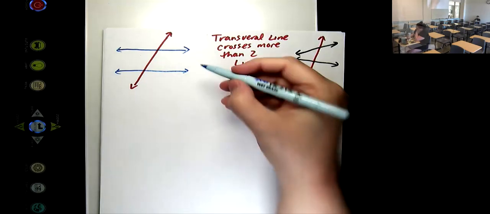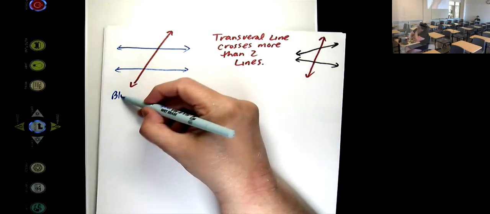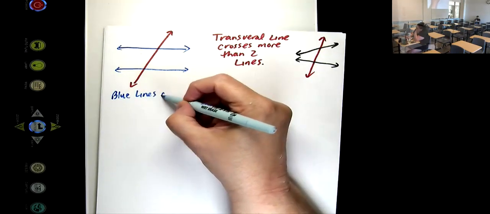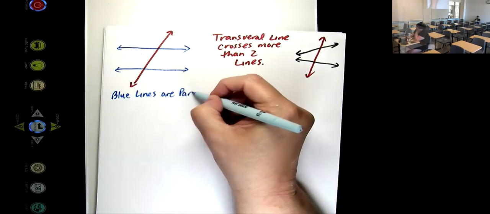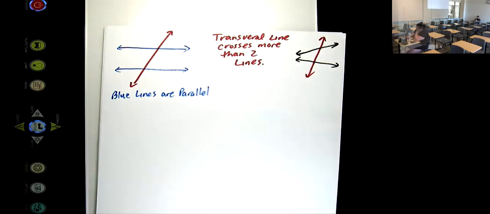On the left one over here, the blue lines are parallel. If they don't appear that way in the sketch, that's because I didn't use a ruler and just drew on both sides.